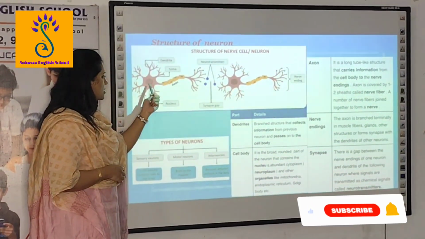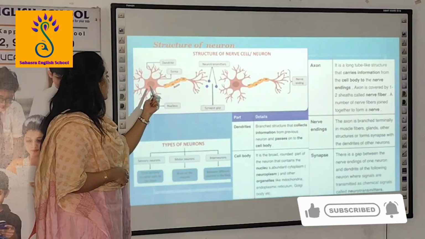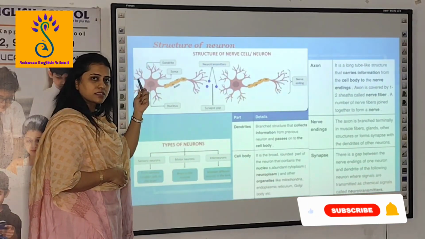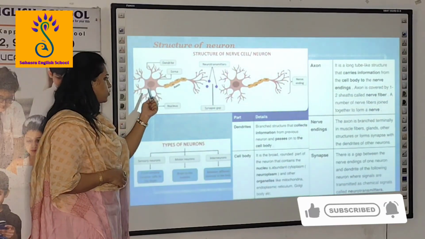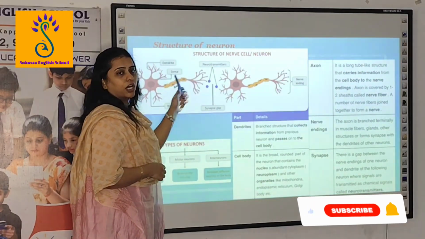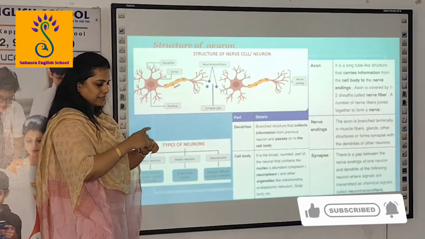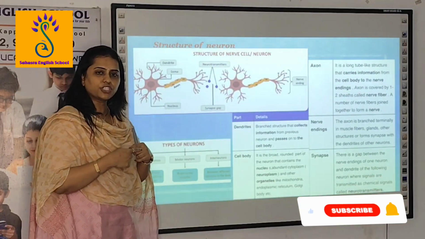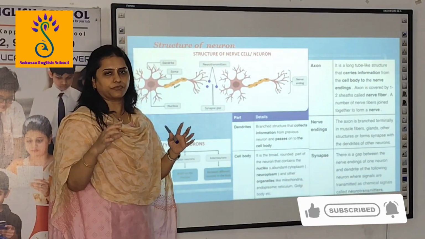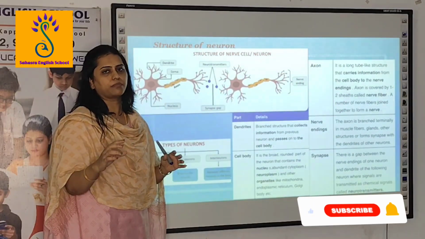It has a nucleus and also neuroplasm and cell organelles, like the Golgi apparatus and mitochondria. This is the axon, the long tubular part. It is covered with a sheath, which forms the nerve fiber, which is connected to the nerve.